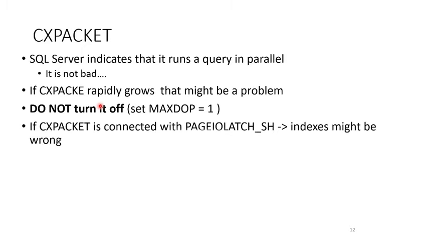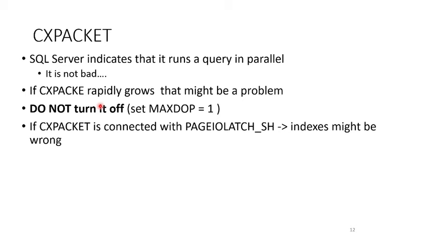But you should take a look at other indications of problems. And one of the indications, I'm not going to elaborate much on that, but if you see PAGEIOLATCH underscore something, it means that maybe your indexing strategy is wrong. And you actually have problems with some indexes on your tables, which results in your query being slow.